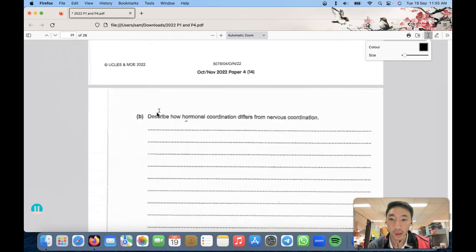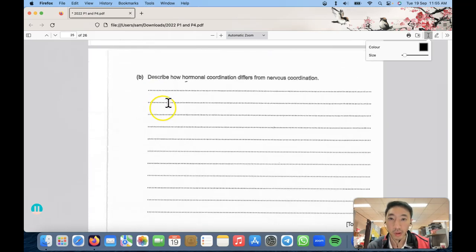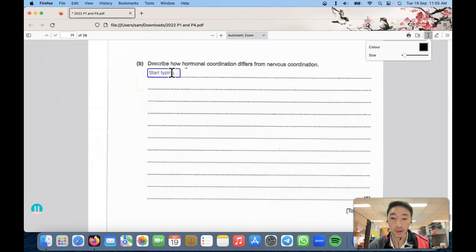Okay, next question. Describe how hormonal coordination differs from nervous coordination. There are 5 points.